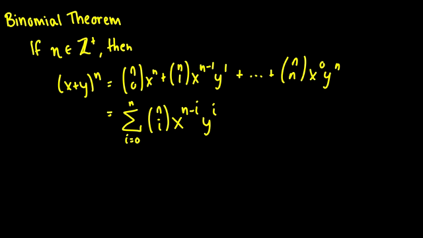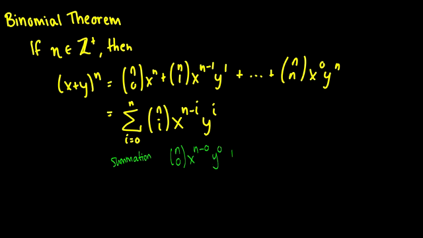Now we have this really convenient notation for this. This is the summation notation, where you put i equals 0 into the first case and solve for that. So in the first example, if we have i equals 0, we get n choose 0 times x to the n minus 0 times y to the 0.